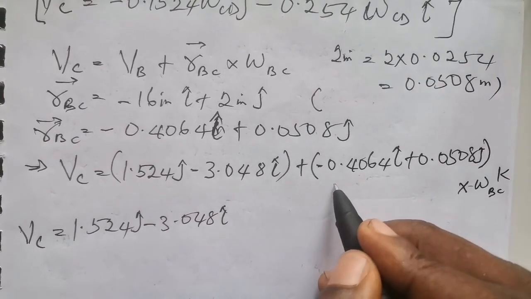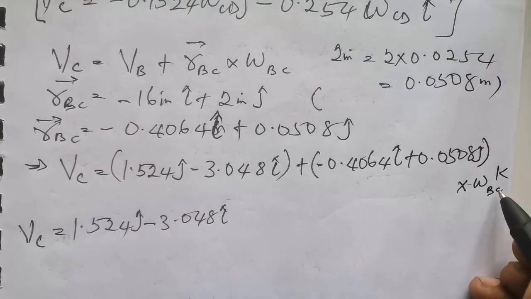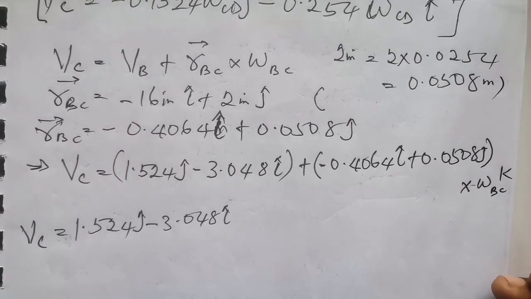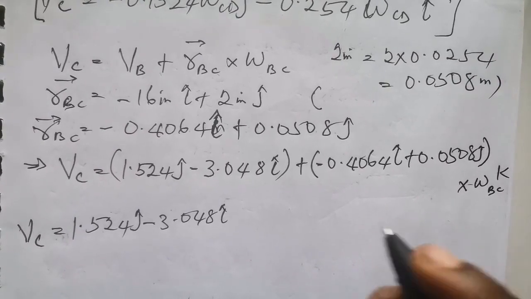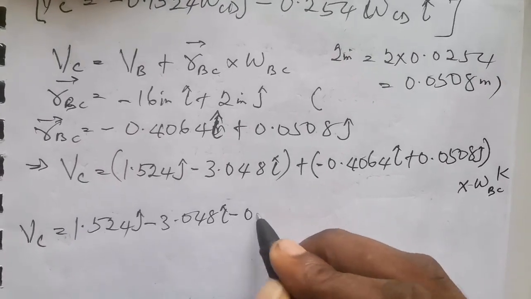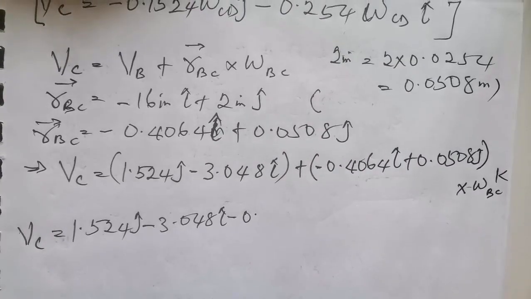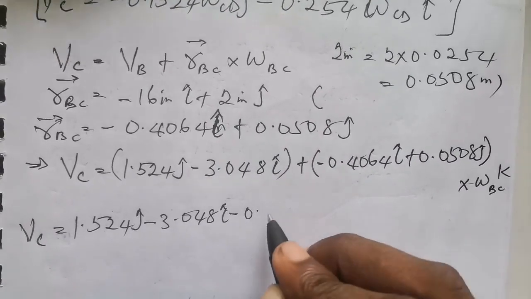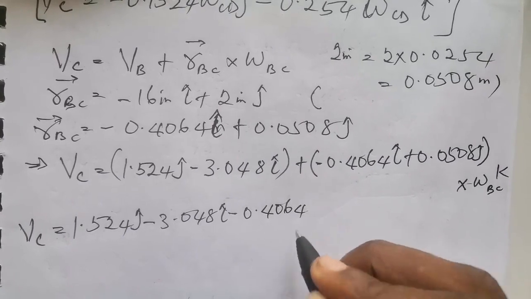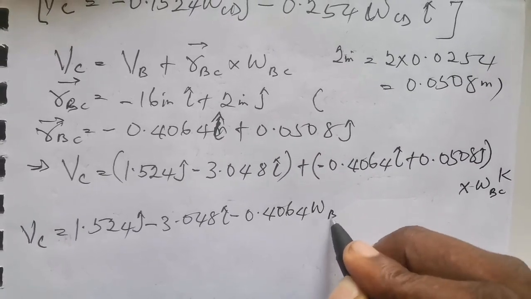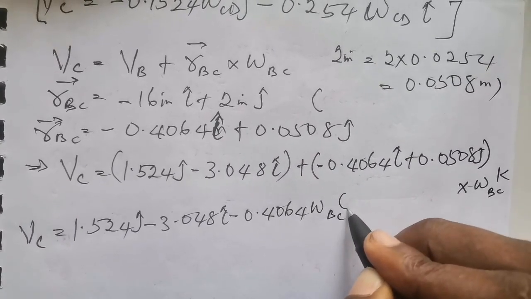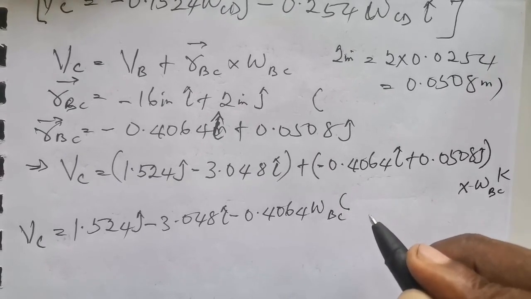Now we are expanding this using the value to multiply omega BC in the K direction. So we are simply going to have minus 0.4064 omega BC. Now we simply cross multiply the unit vectors. So remember, we maintain what we started with.